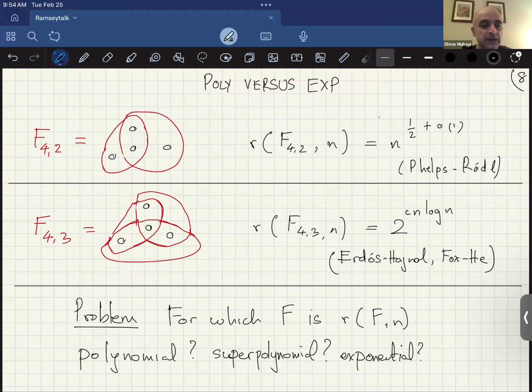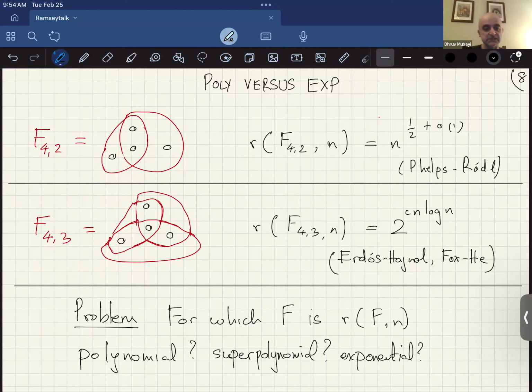So let's do some very simple examples to give us a feel for this question. We analyzed 4 vertices with 3 edges. So what if you have 4 vertices with just 2 edges as the forbidden red object? Well, in that case, it's easy to see that this is actually n to the 1/2 up to logarithmic factors.